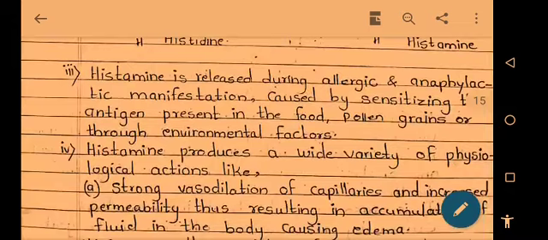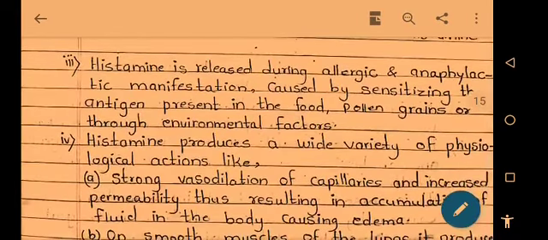To control this histamine, we generally give anti-allergic drugs, that is antihistaminic drugs, given in the form of cetirizine or levocetirizine. Various anti-allergic drugs are given.